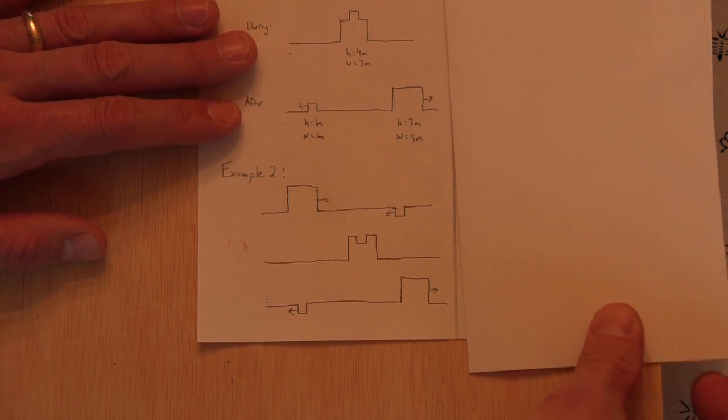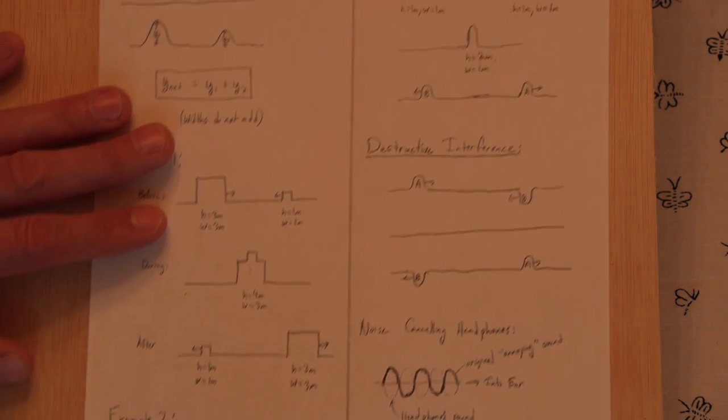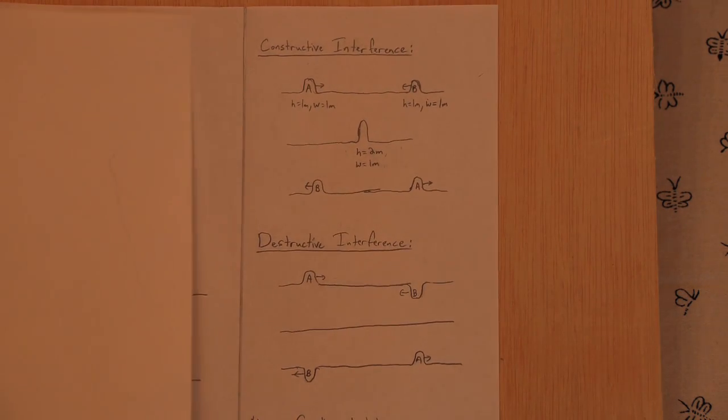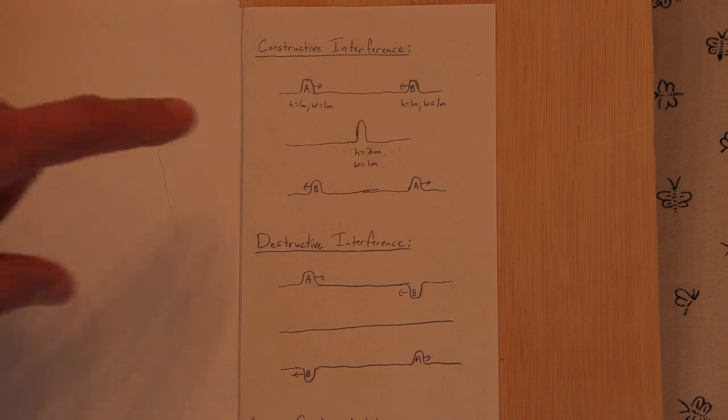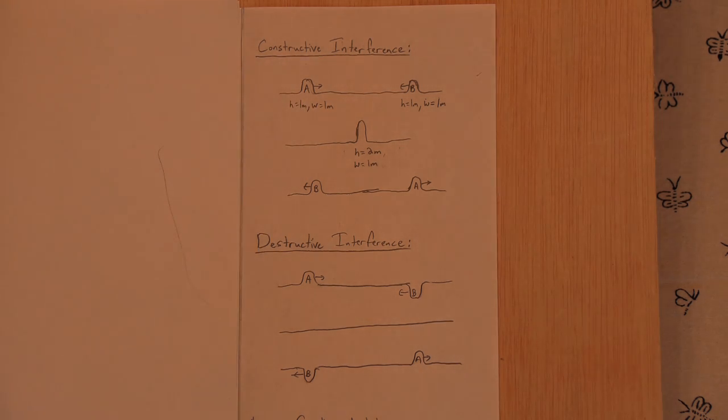A couple other things about interference and the principle of superposition that I want to mention: something called constructive interference and destructive interference. Constructive interference is when two waves with displacements in the same direction meet.